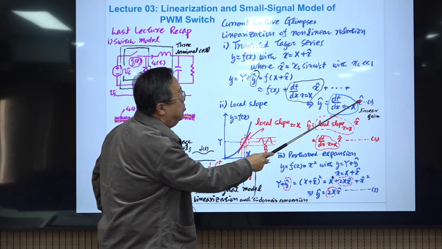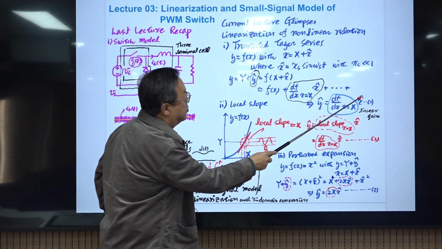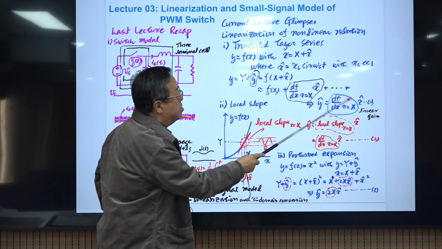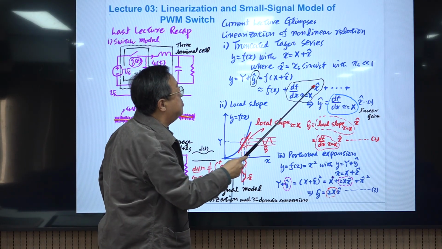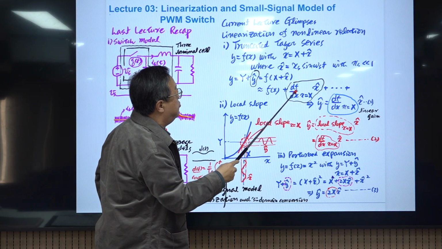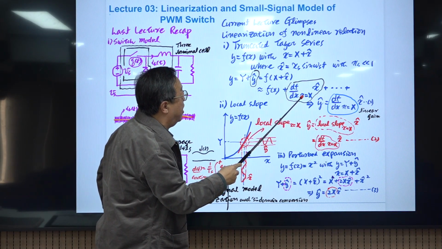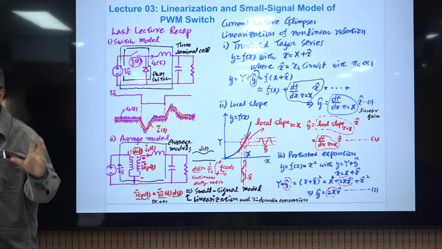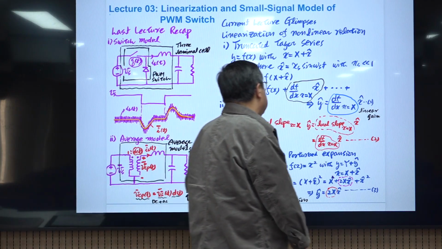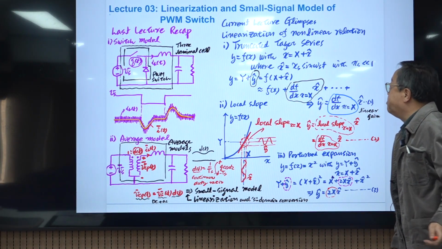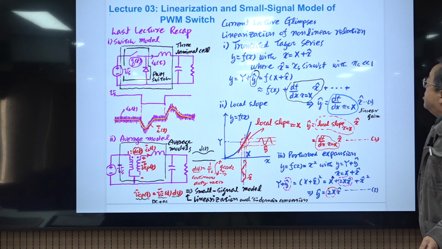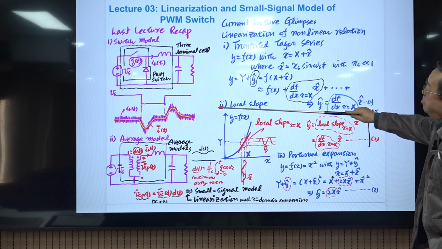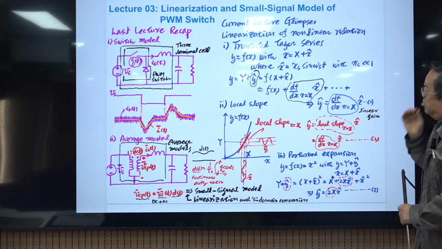The input is a small signal sinusoidal variation in x, this is the sinusoidal variation in y, and the relationship between them is simply the derivative of the function f(x) evaluated at x equals large X. This is called the linear gain of this nonlinear relationship.